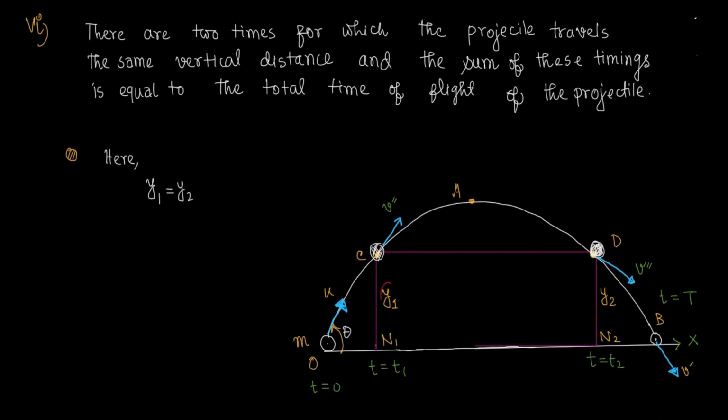Here y1 is equal to y2, and we have to prove that t1 plus t2 will be equal to capital T. That is, the height will be the same, and the sum of these timings will be equal to the total time of flight.